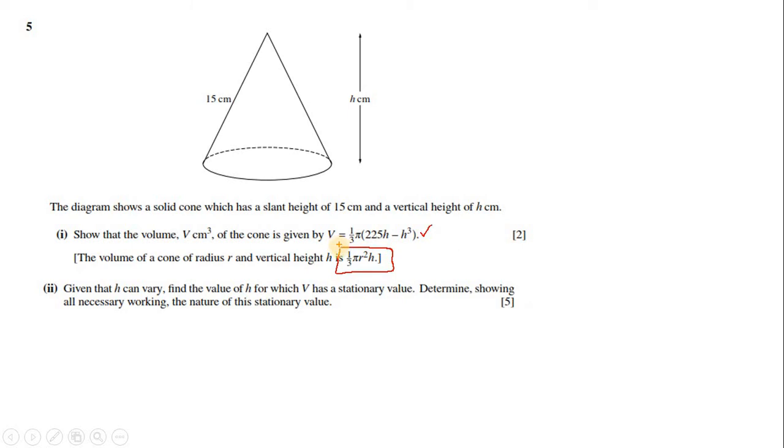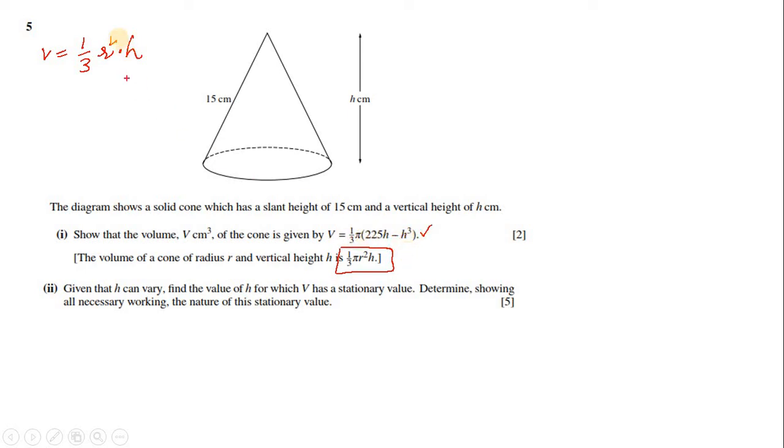So if you see the general formula of the cone, which is V is equal to 1/3 of r square into h. This is the general formula for a cone. And the required formula that we need to derive in part 1 does not involve r. This is in terms of only h.